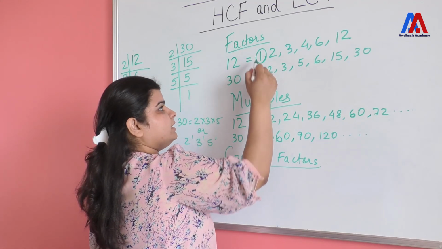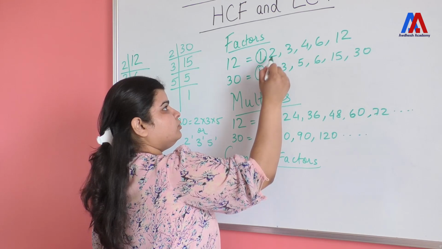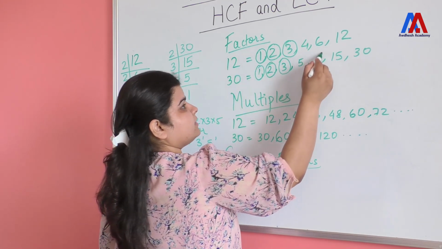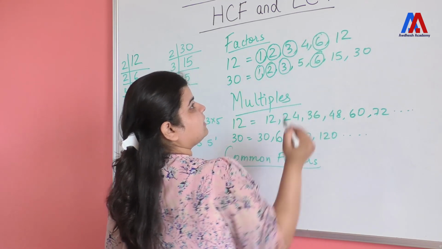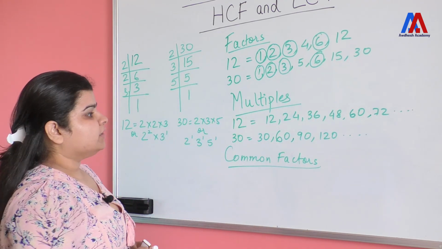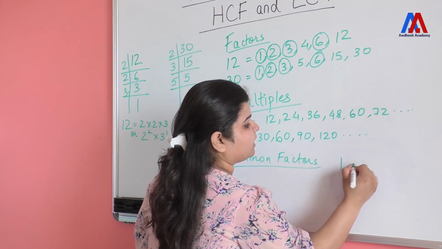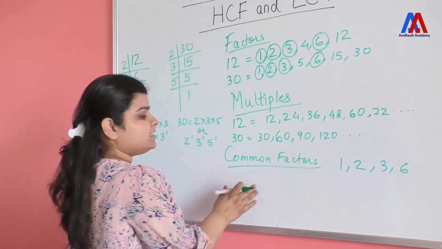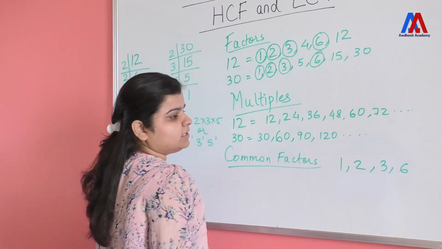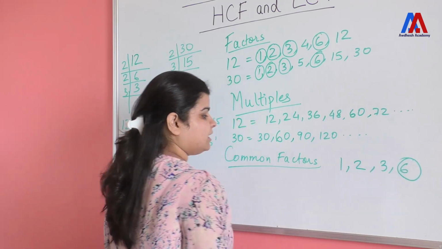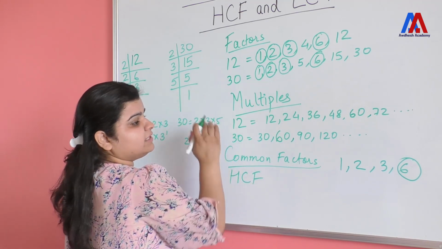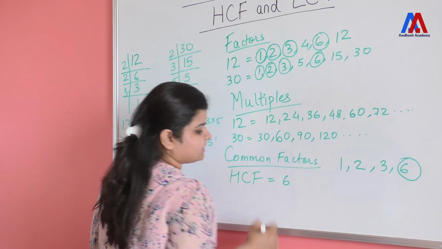We find 1, 2, 3 and 6 as the common factors. Now what is the highest of these factors? It is 6. So the highest common factor or HCF of 12 and 30 is 6.